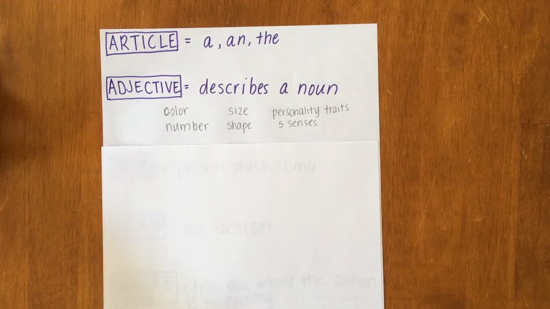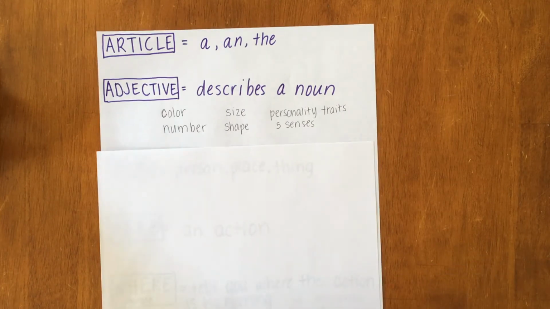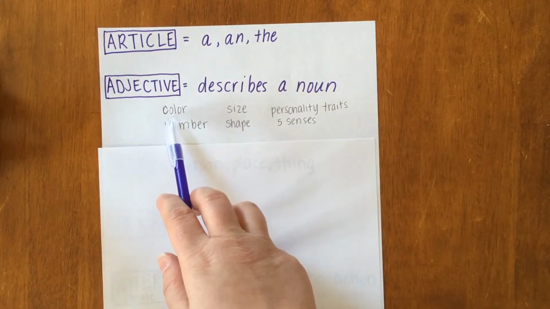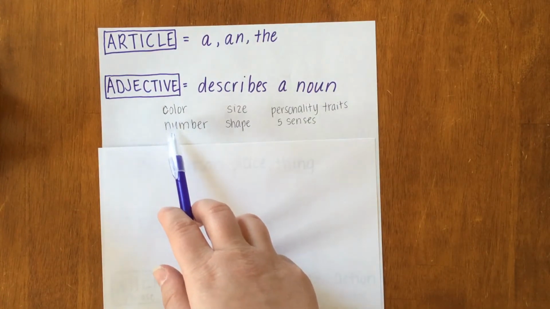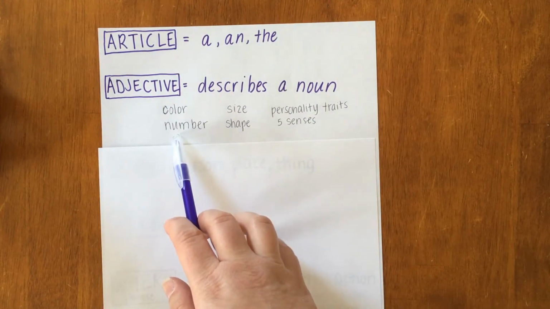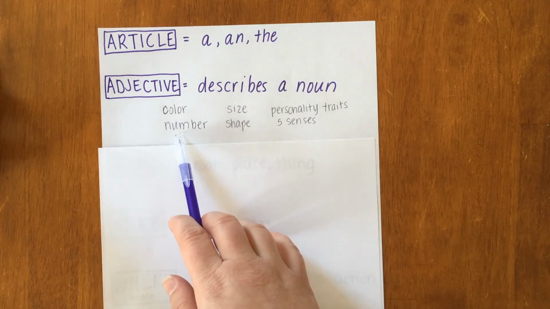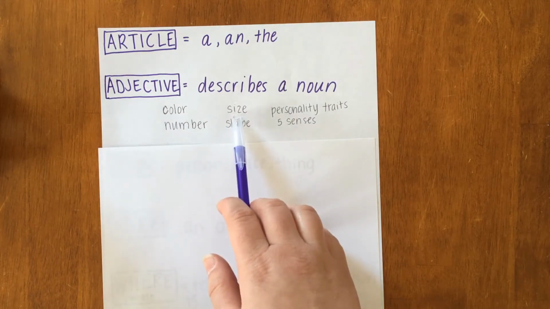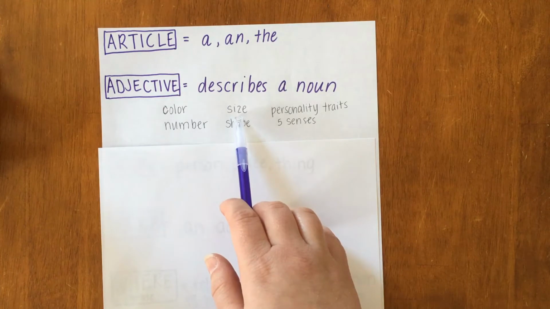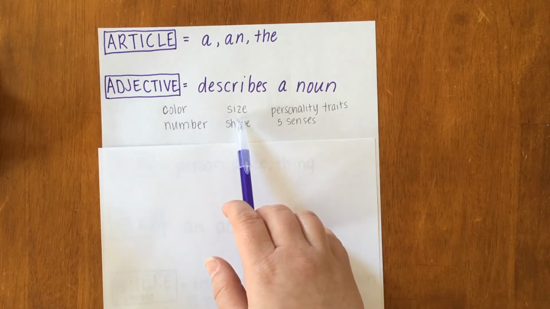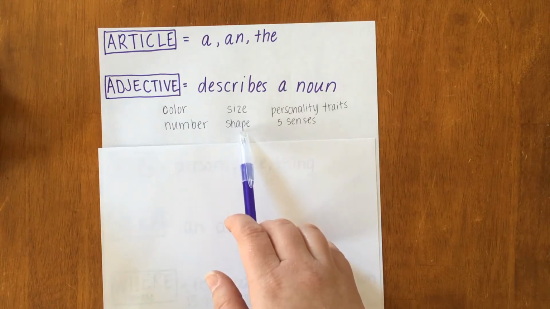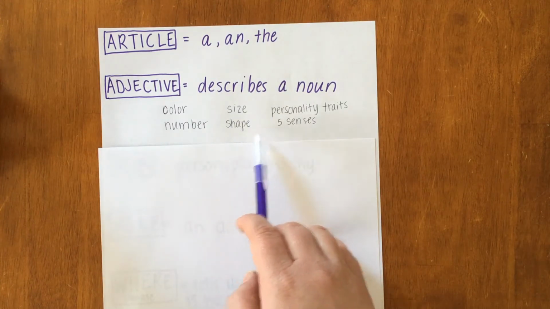So there's lots of different types of words you could use when you're trying to describe your noun. And so a good way to think about that, or to help you come up with some creative ones, is you can talk about the color of something. You can talk about the number or how many of them there are. You could talk about the size, big, little, huge, enormous, tiny, minuscule. You can talk about the shape.